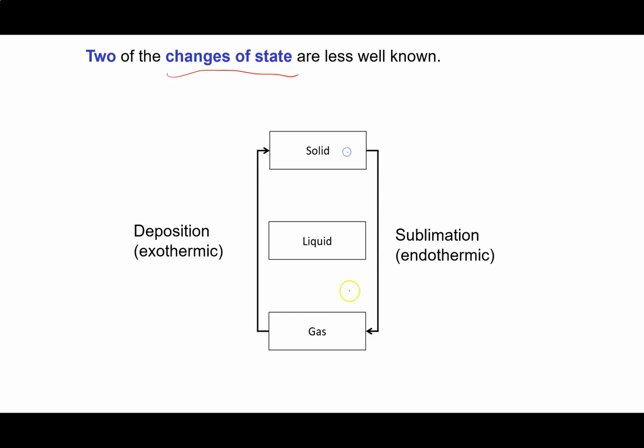One is when a solid goes directly to a gas without going through the liquid phase. That's called sublimation, and that is an endothermic process. A good example of this is carbon dioxide, which is a solid at low temperatures, and it goes directly to a gas without going through a liquid state.